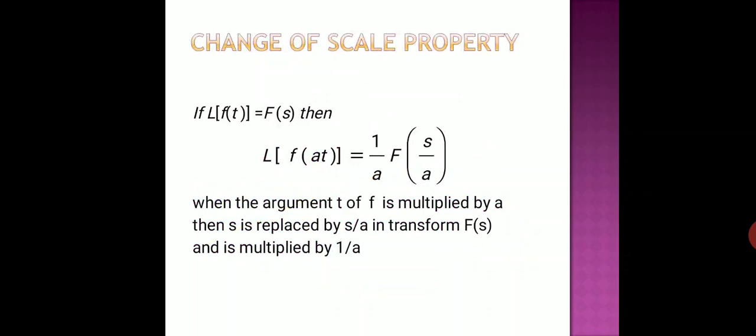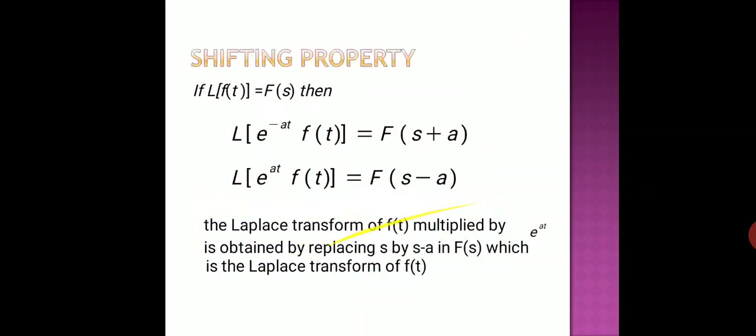We get 1 by a into capital F of s by a. When the argument t of f is multiplied by a, then s is replaced by s by a in the transformation capital F of s, and it is multiplied by 1 by a. It is the change of scale property.